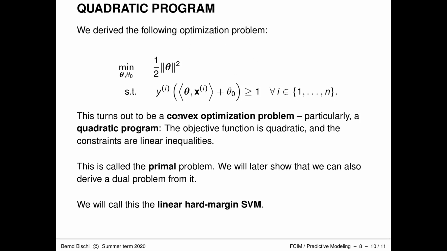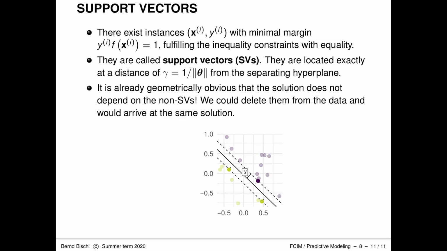Otherwise, this doesn't make sense, right? All of these inequalities assume that it's possible to completely separate our training data. We will relax this assumption, that the data is of that structure, in two lecture units.